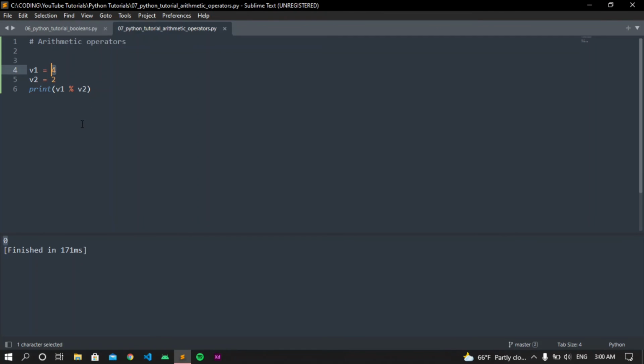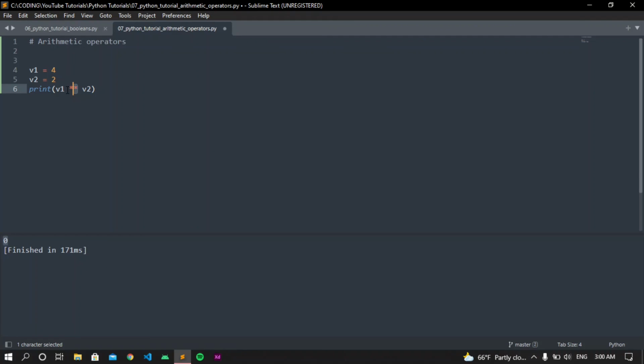Anyways, the exponentiation operator is like multiplication. We use it to raise the first operand to the power of the second. If I want to find 4 to the power of 2, all I have to do is put v1 and v2 with two asterisks between them.